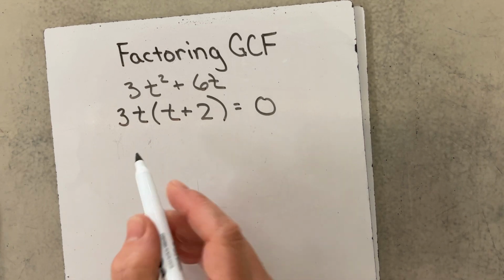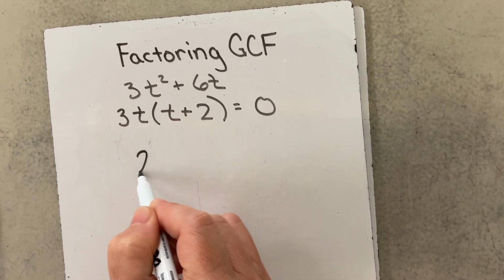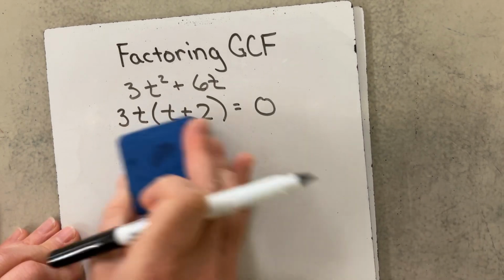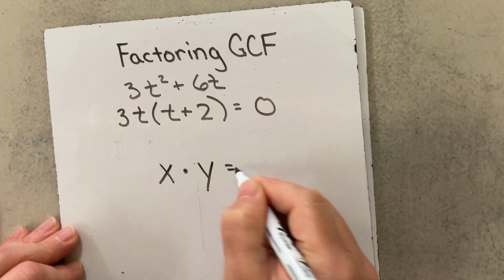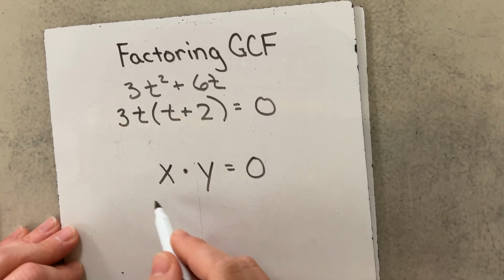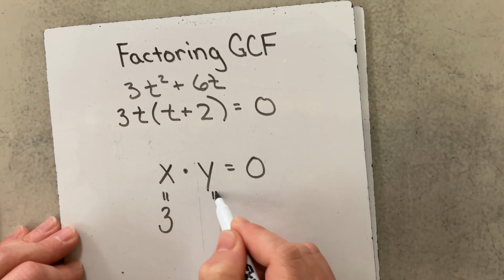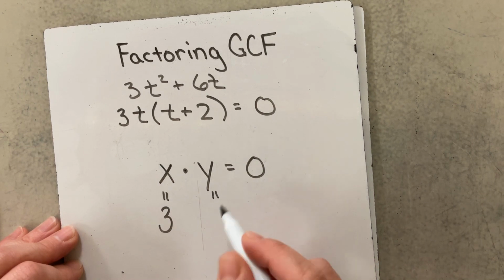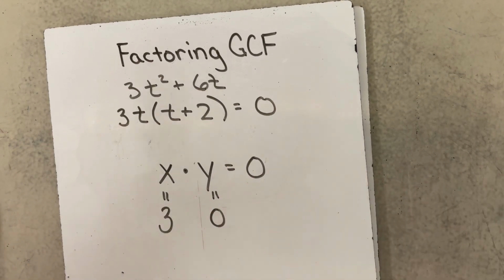Okay, what that says is, let's see, if I have x times y, let's just look at that for a minute. If I have x times y equals 0, what if my x was 3? What does my y have to equal? Right, it has to equal 0. Okay, because something times 0 will give you 0.